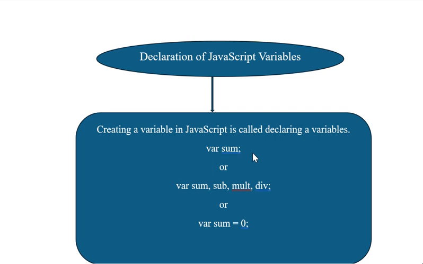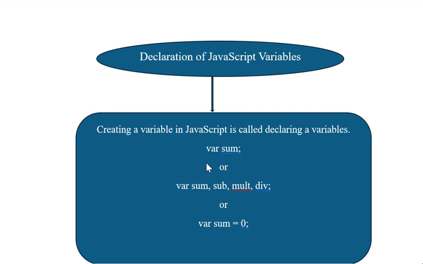It can be a string, an integer; there is no particular type in JavaScript. Many types of data can be stored: some can store string format, some float format, some integer, and so on.